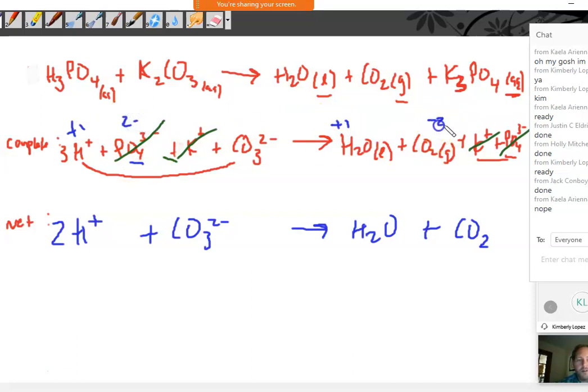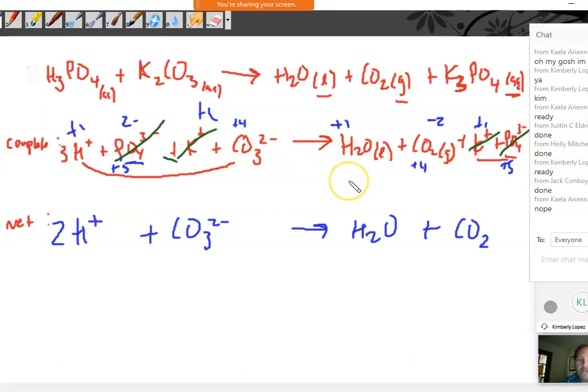The oxygens here are -2s. The potassium is a +1. Potassium is a +1. Our carbon here is a +4. Our carbon here is also still a +4. The phosphate here looks like it's a +5, and it's still a +5 over here. So none of the charges are changing, so it can't be a redox.